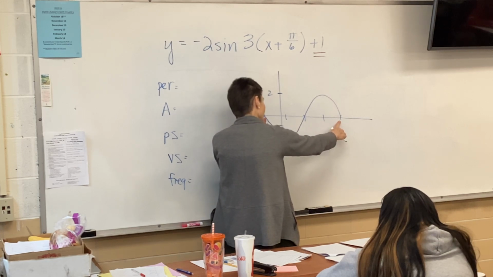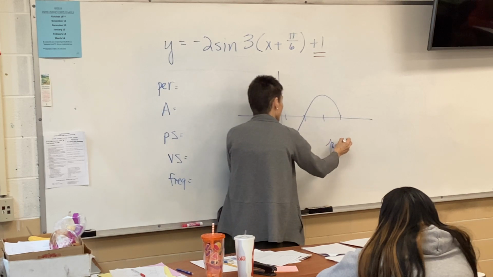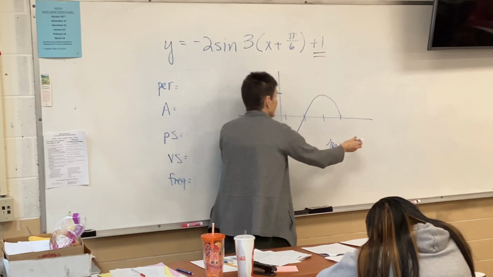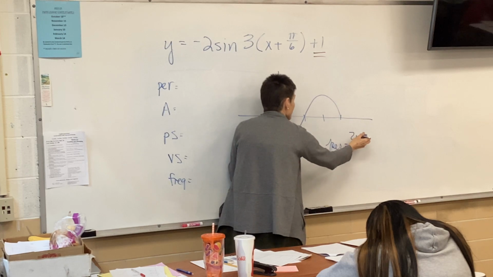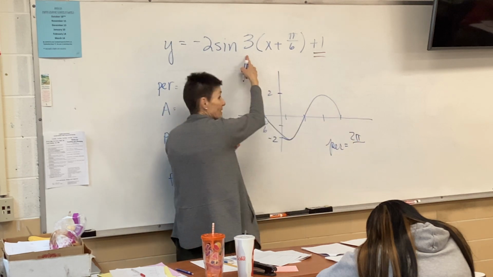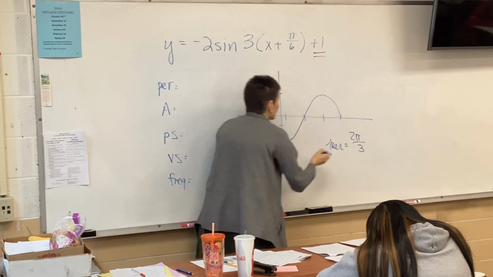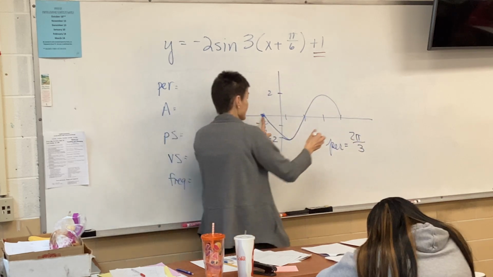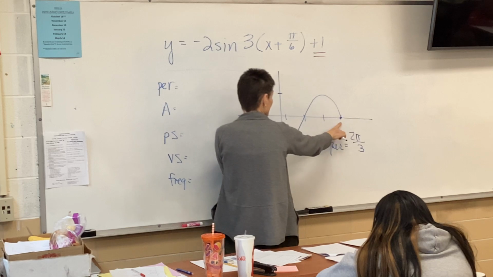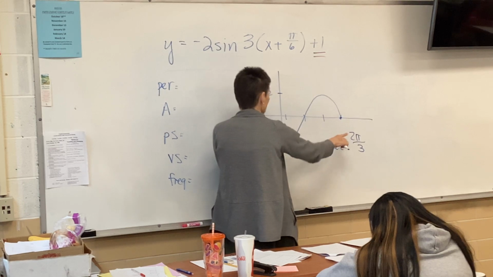We just talked about it. Period will always be, for a sine or cosine, 2 pi divided by that number. So the distance between my fingers is 2 pi over 3.